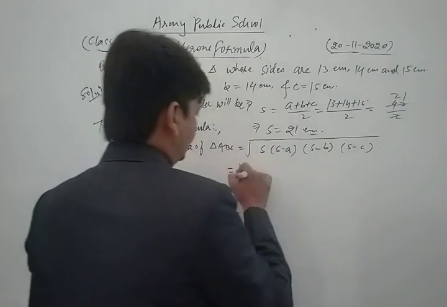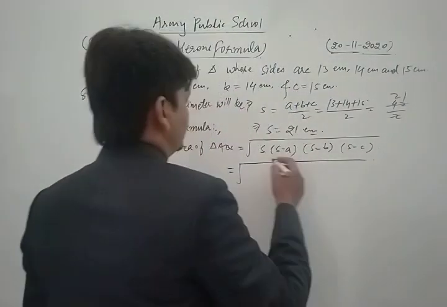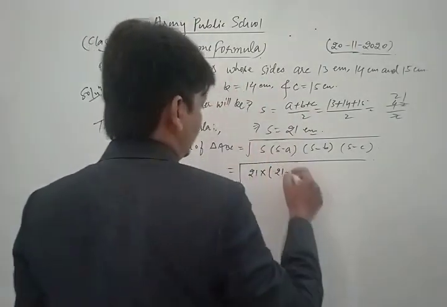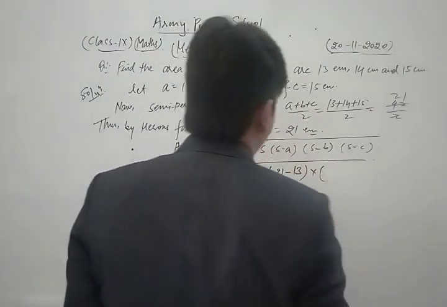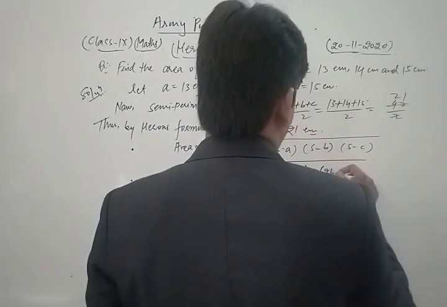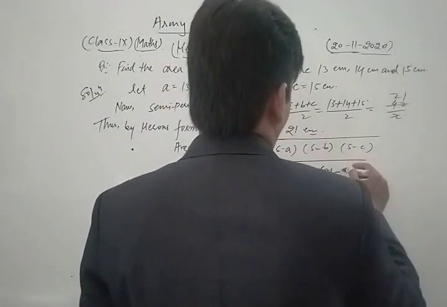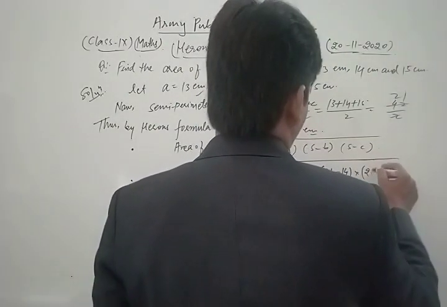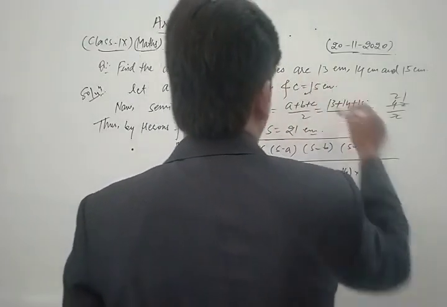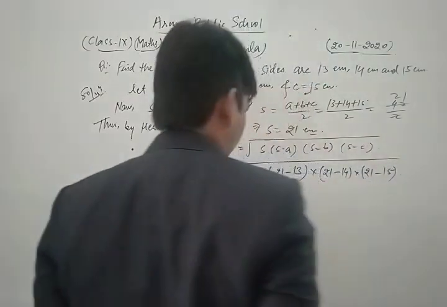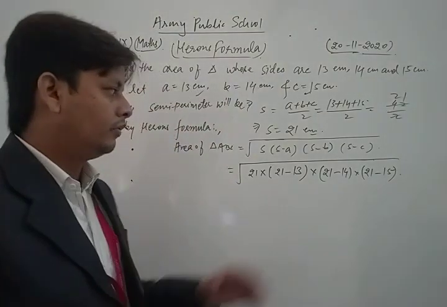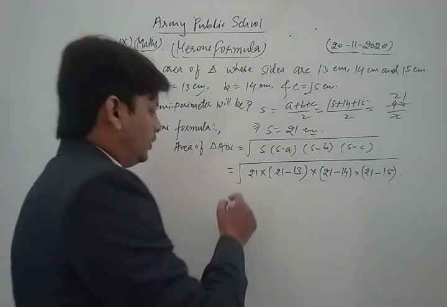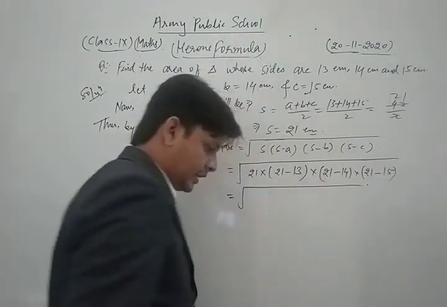S is 21, minus the value of A, which is 13; S is 21, minus B, which is 14; S is 21, minus the value of C, which is 15. Now we put all the values in that formula, and we simplify to get our result.